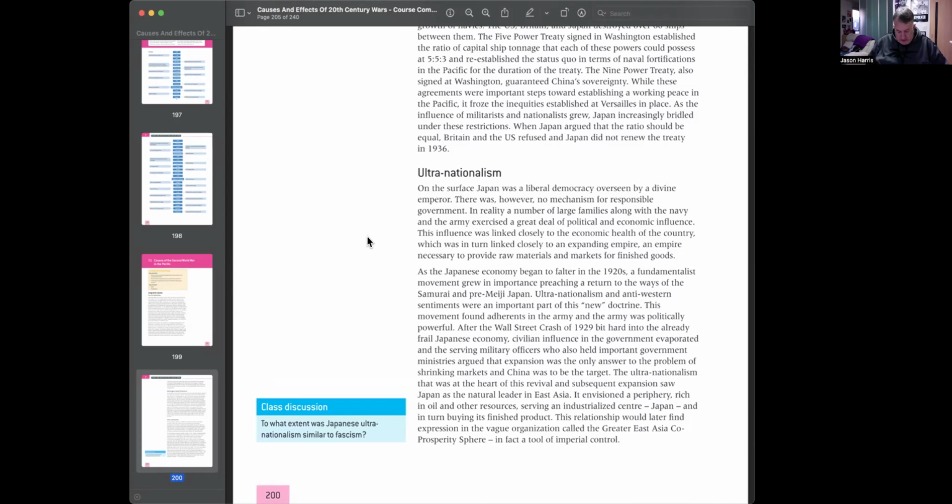And the serving military officers who had also held important government ministries argued that expansion was the only answer to the problem of shrinking markets, and China was to be the target. So obviously they got to look to who's around. They'd annexed Korea, but Korea is a very small country at this point.